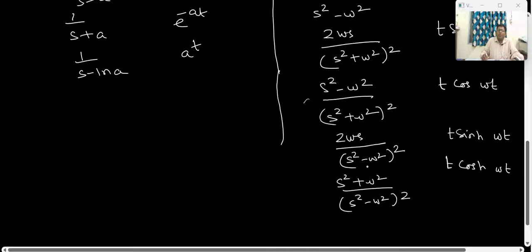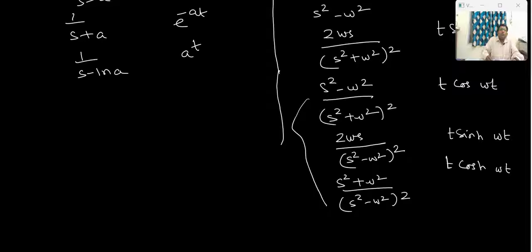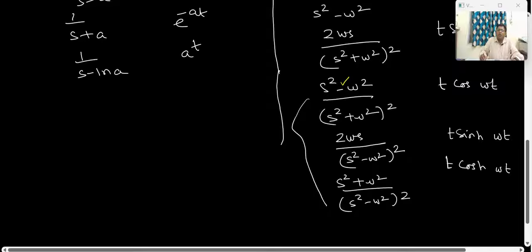You may compare this. Where there is plus here, there is minus, and here this is plus. Here plus and here it is minus, right? You see this and this.